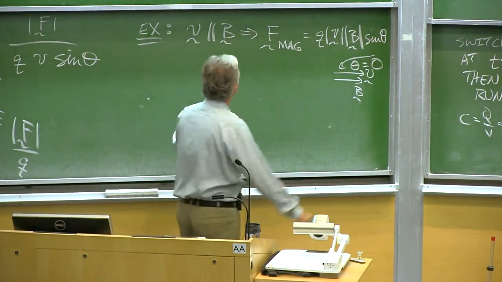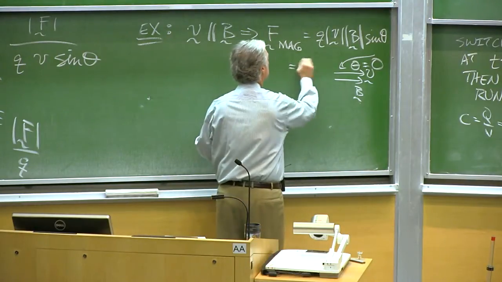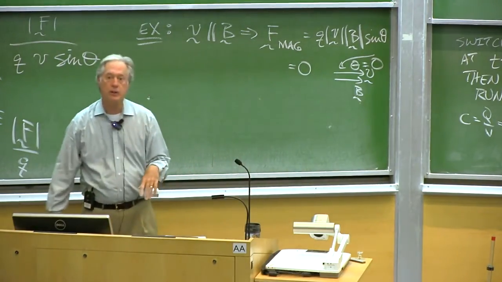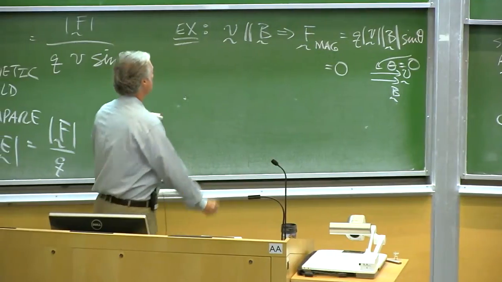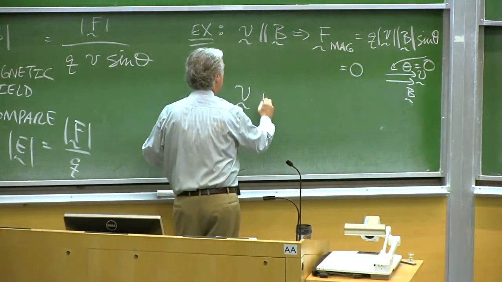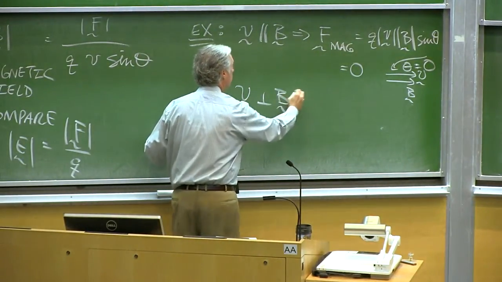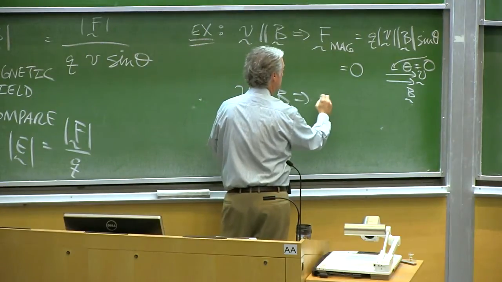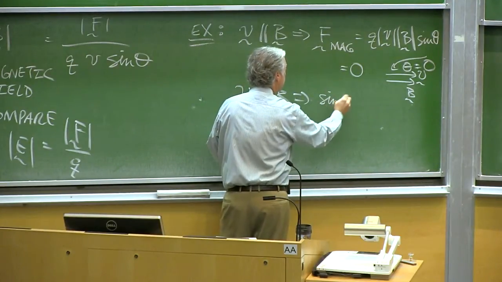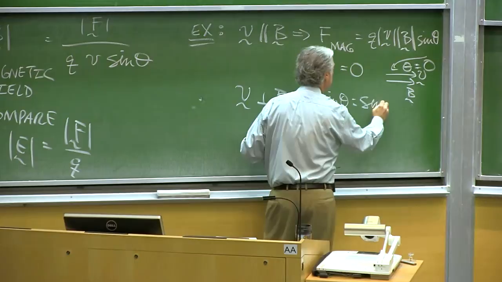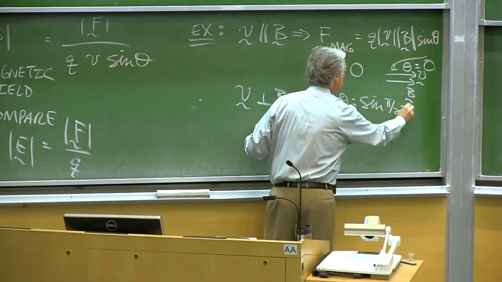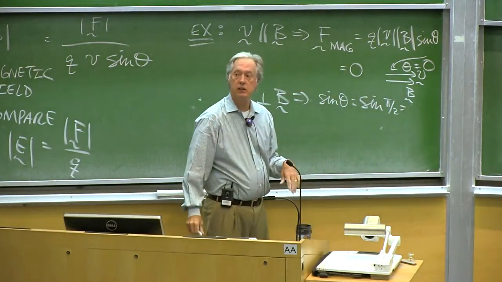So this says that if they're parallel, then the magnetic force is 0. If V is perpendicular to B, then sine theta is sine of pi over 2. And what is that? 1.